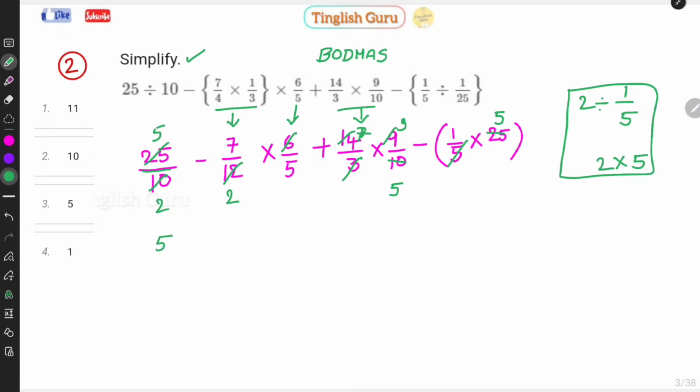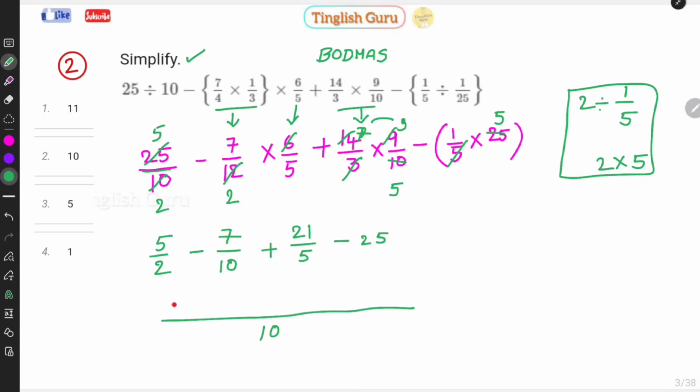Now the final values are 5 by 2 minus 7 by 10 plus 7 into 3, 21. In the denominator it is 5 minus 25. So here take the LCM as 10. Now 2 fives are 10, so 5 into 5, 25.